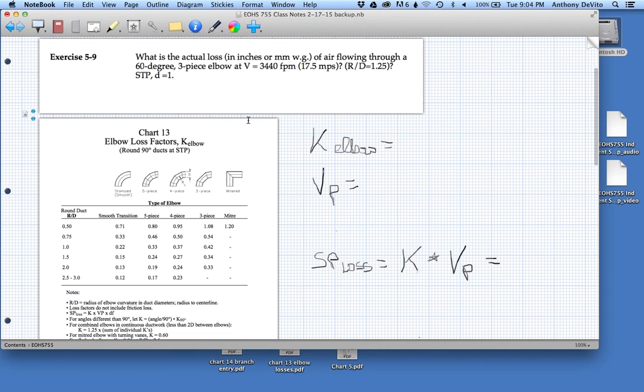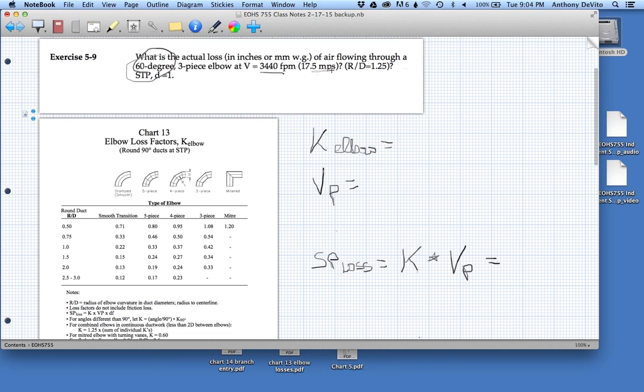Okay, let's see. Well, actually, let me work through this. Okay, K elbow. But what is the actual loss of air flowing through a 60-degree 3-piece? Oh, something happened here, right? I'm glad we did this because they threw a curve in here. And I mean literally a curve. 60-degree 3-piece elbow at this velocity, right?